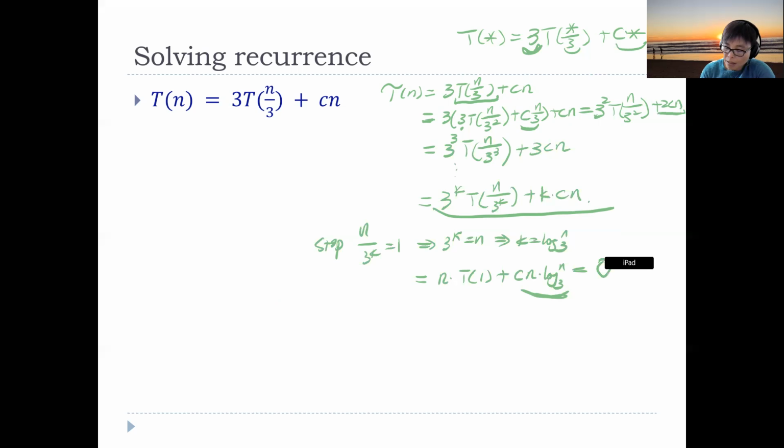So asymptotically we get the same time complexity as before, which is n log n. In short, using a three-way merge sort asymptotically gives us the same time complexity as the two-way merge sort. Cutting it into more smaller pieces is not really helping.